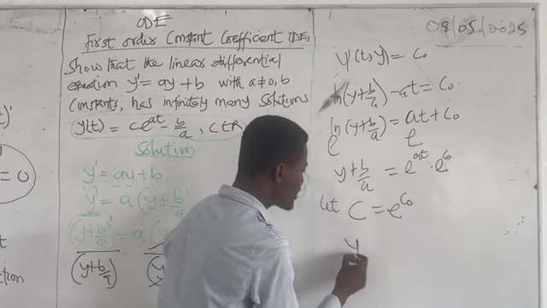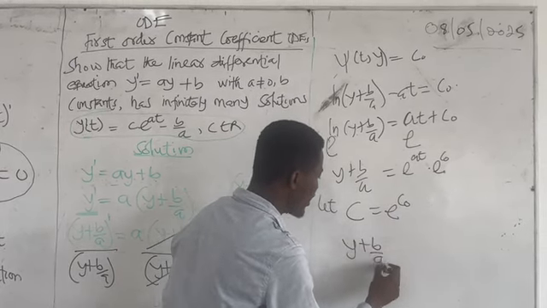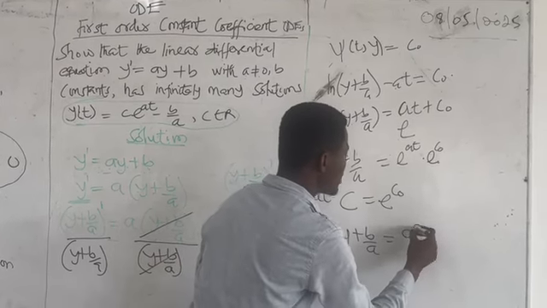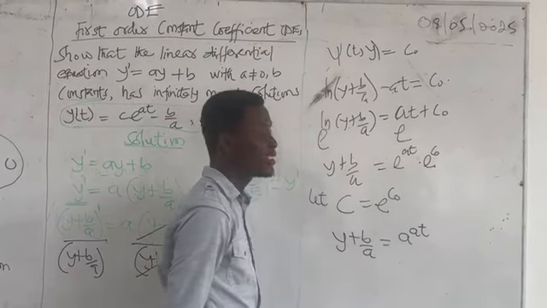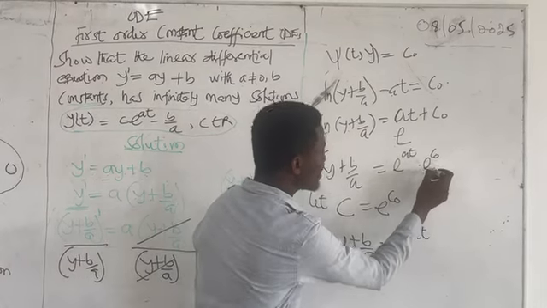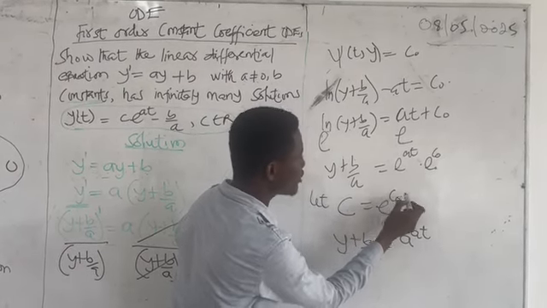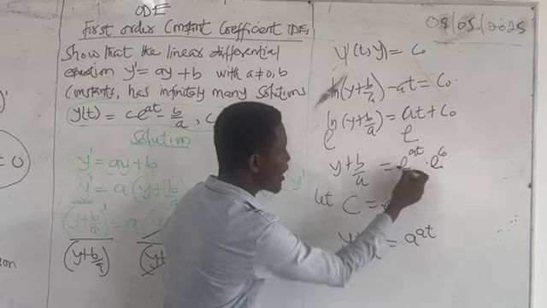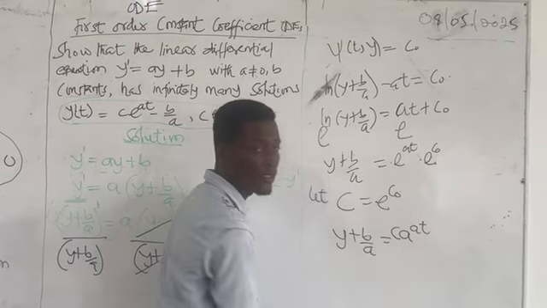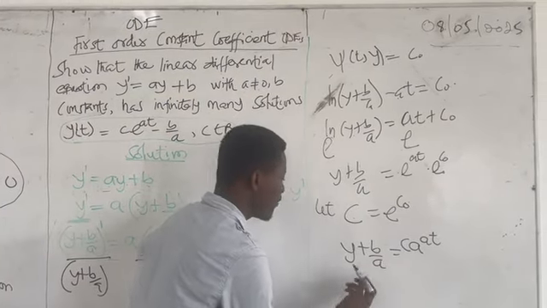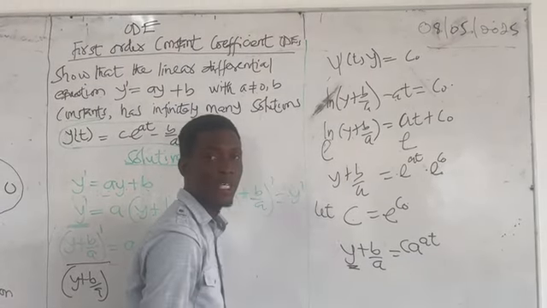Now we get y plus b over a equal to e to the power at, times C, since C is equal to e to the power c naught. So when this one multiplies this one, you get C. Are you following? Good. So from here, we can make y the subject.